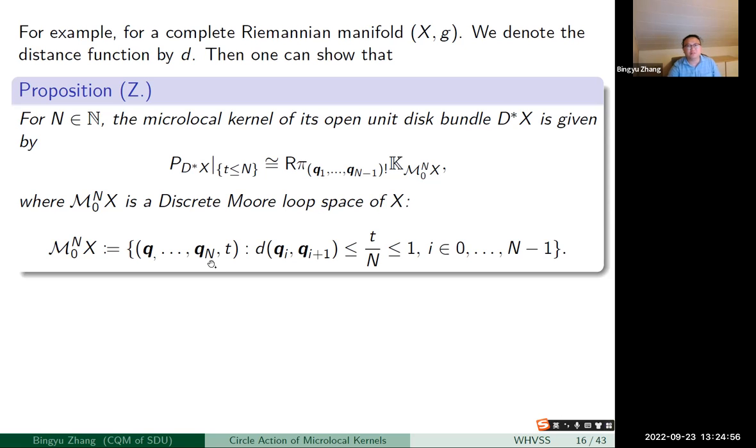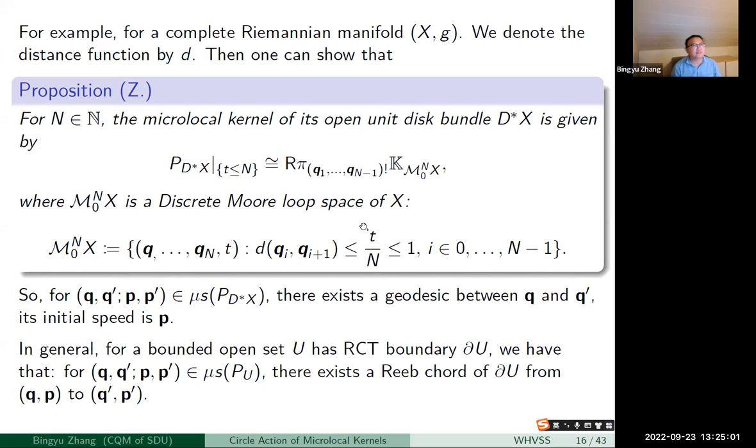Okay, we can do some approximation, and then we have the first consequence: if (Q, Q', P, P') is in the microsupport of this kernel, then there is a geodesic between Q and Q' such that its initial speed is P. And in general, we can prove that for a bounded open set with restricted contact boundary, a similar result holds: if (Q, Q', P, P') is in the microsupport, there is a Reeb chord of the boundary from (Q, P) to (Q', P').